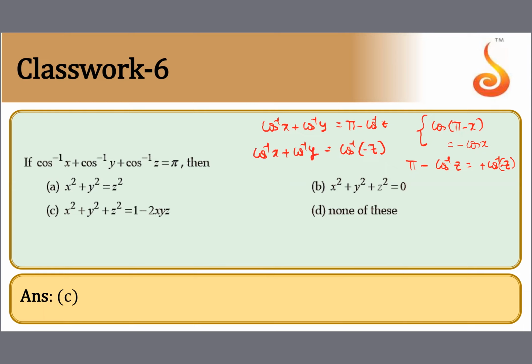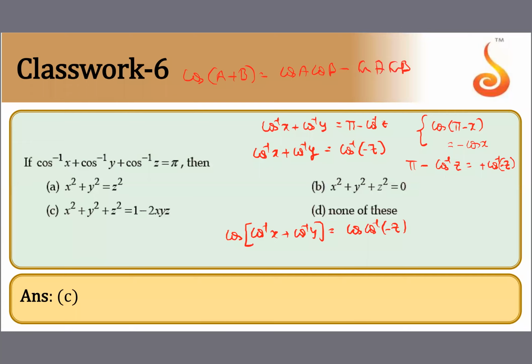Any doubt in this? Now we apply cos both sides. Cos of cos inverse x plus cos inverse y is equal to cos of cos inverse minus z. Cos a plus b formula. You studied in LKG. Cos a plus b is cos a cos b minus sin a sin b.